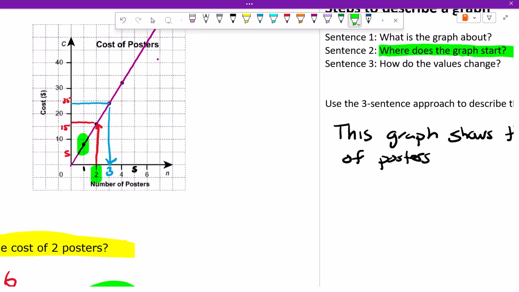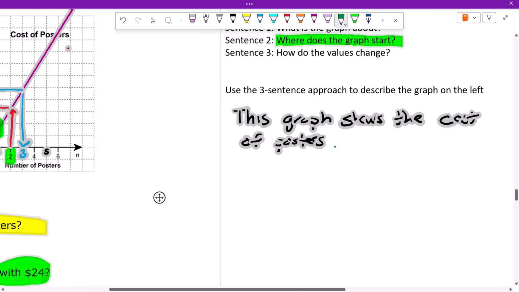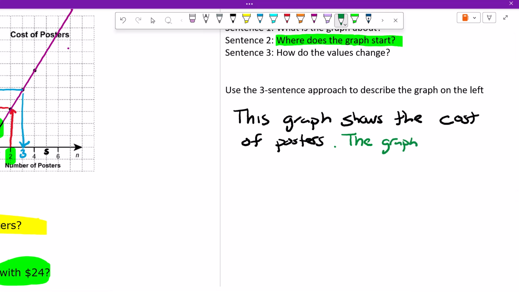What number? 8, I think I heard, right? That's not a bad number. So the second sentence: the graph starts at one poster costs $8.